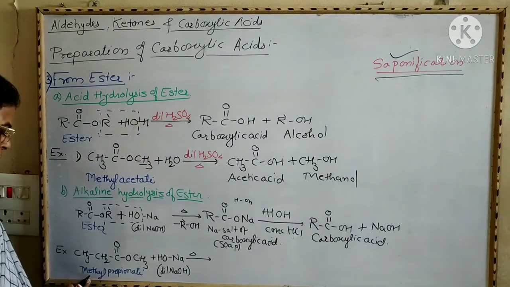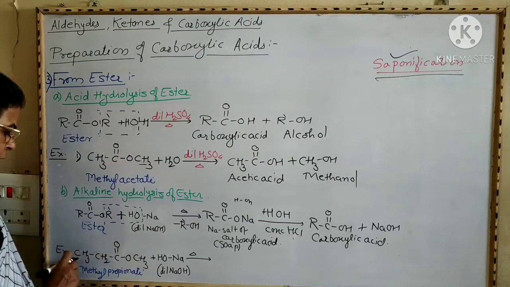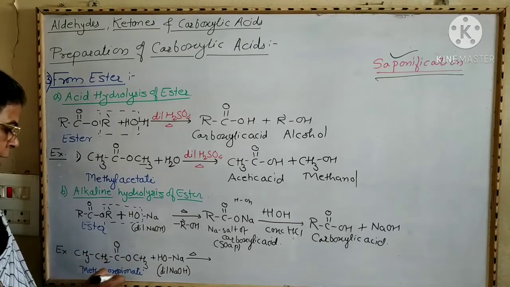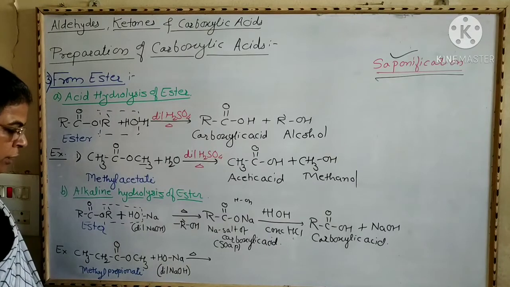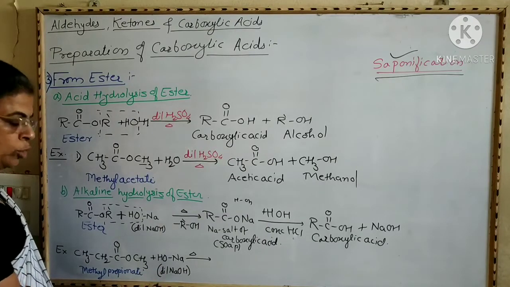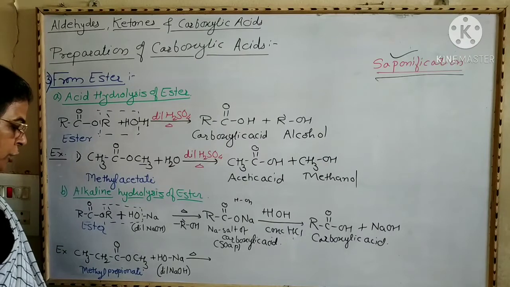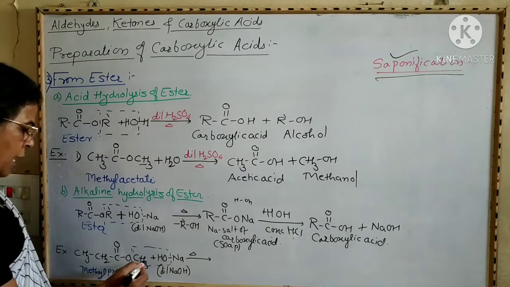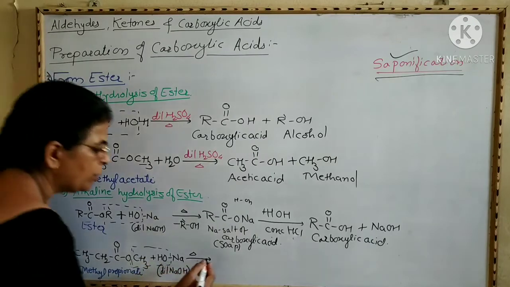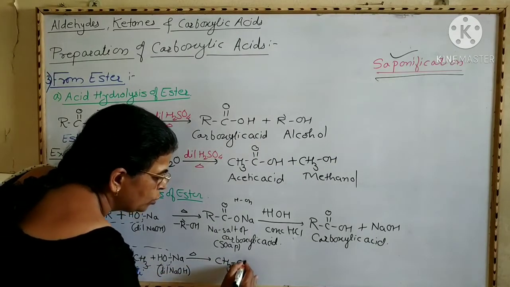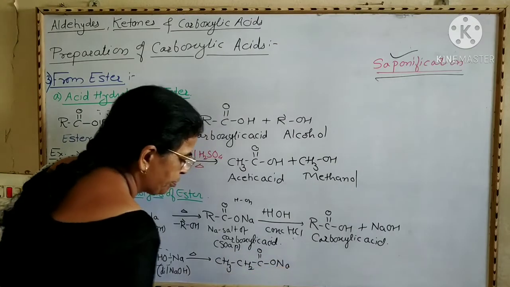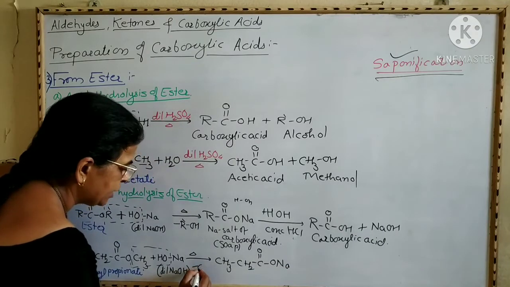Now we are going to see the example. When methyl propionate, here there are three carbon atoms, CH3CH2C=OOCH3, methyl propionate, undergoes hydrolysis in the presence of NaOH or aqueous KOH, then breaking of this bond takes place, CH3OH, and this CH3 gets replaced by sodium to form CH3CH2C=OONa, minus CH3OH.